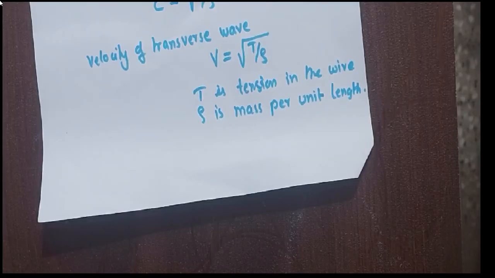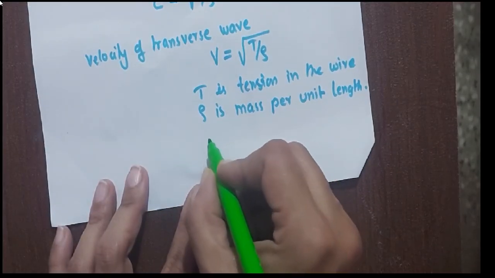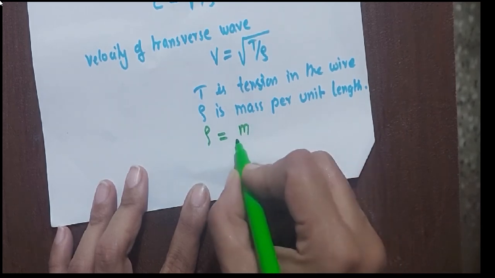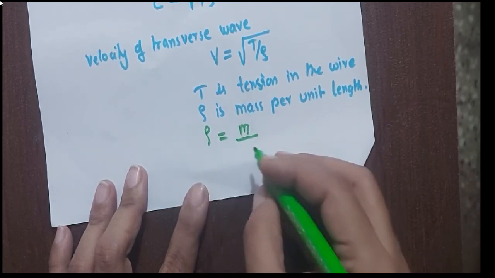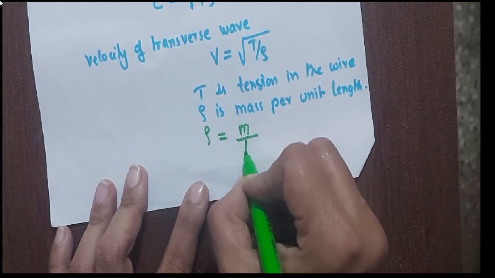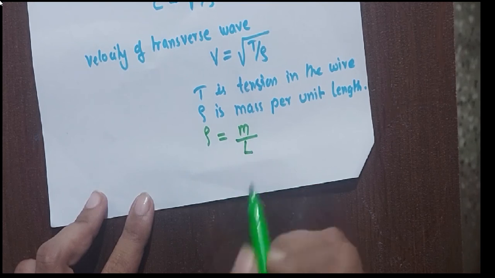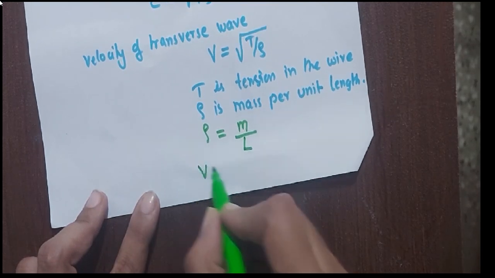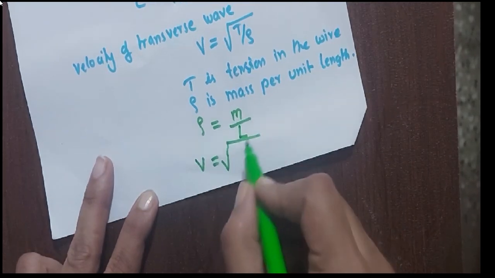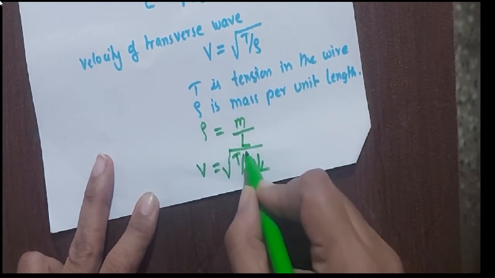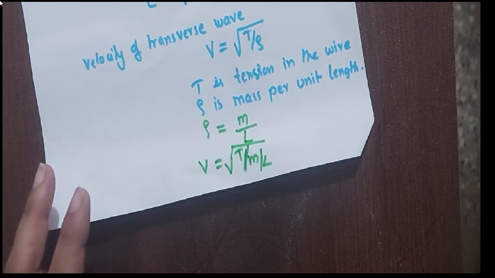So as I already told you, rho is mass per unit length, and sometimes we can write it as mass upon length. So rho here is mass upon length. So velocity can be written as under root T upon m upon L.